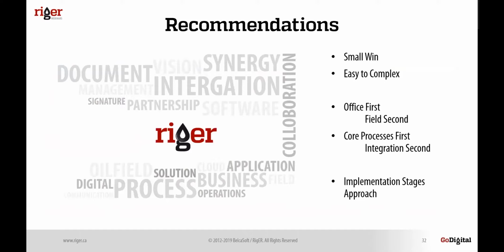The same approach applies to integration. For example, the core process in RigER is rental or oilfield services. To build integration with other systems, you need 2, 3, 4, 5, 7 cycles to understand that you cover 100% of the core process, and then you're ready to do the integration.